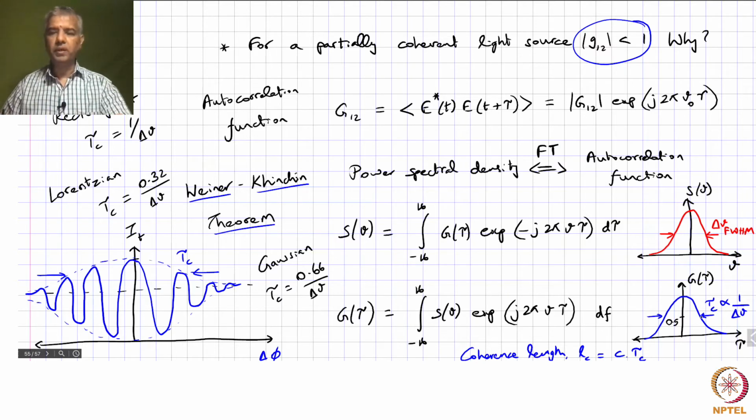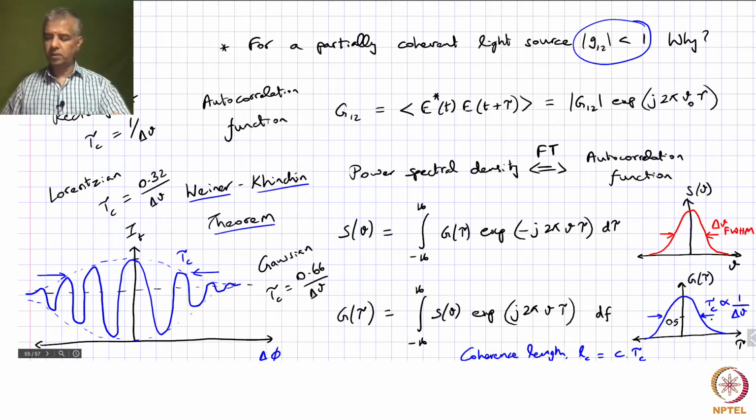And more importantly, we realized that for a given source with a certain source line width defined by delta nu, the coherence time is inversely proportional to the source line width, right?